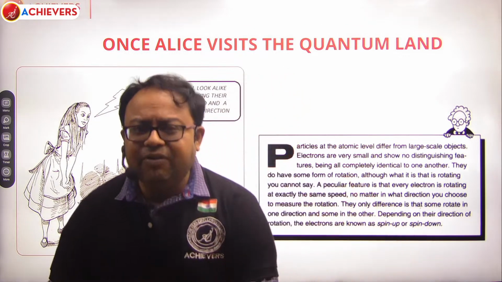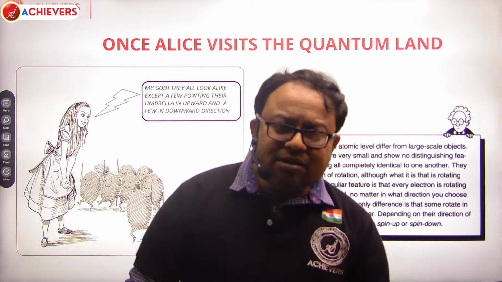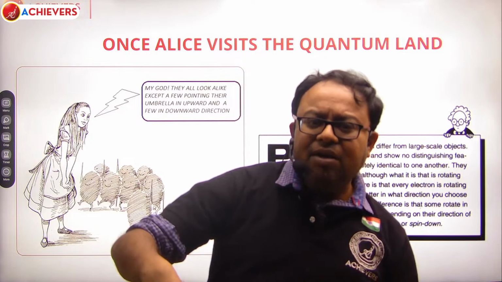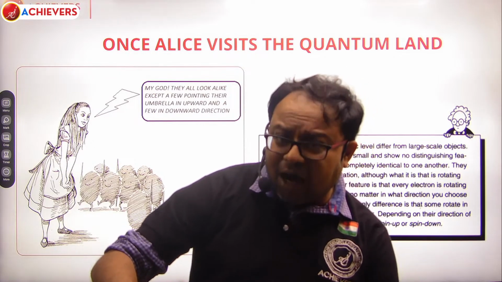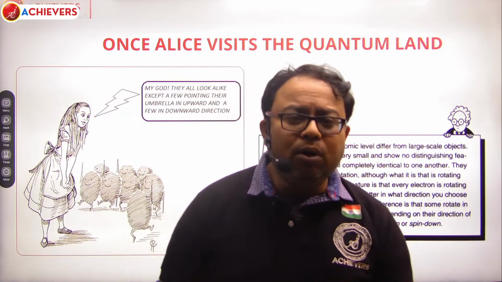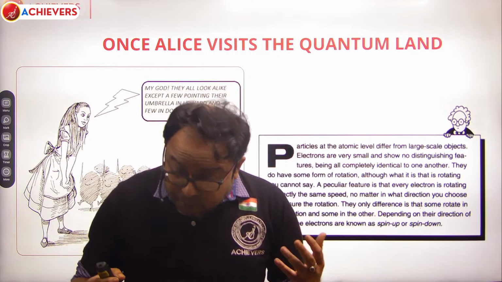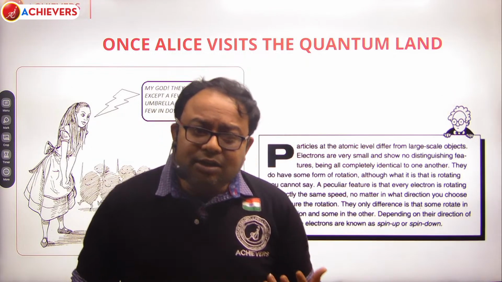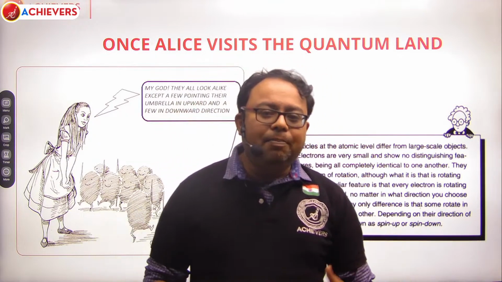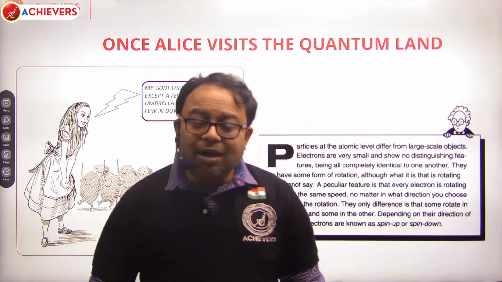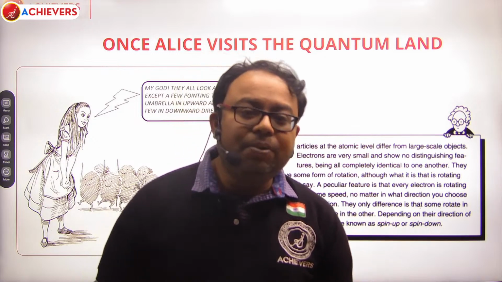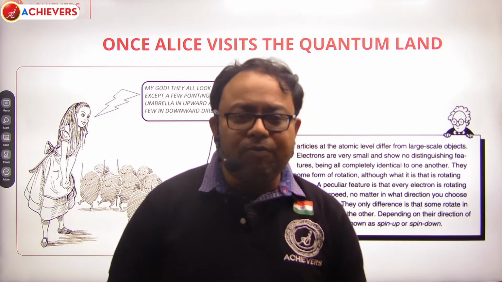The only difference is that some electrons are spin up particles, plus spin, and some have spin down, they are minus spin particles. That is the sole difference. And from here, the concept of fermions arises. What are fermions? Fermions are particles that are bound by Fermi-Dirac statistics. Electron is an example of a fermion.